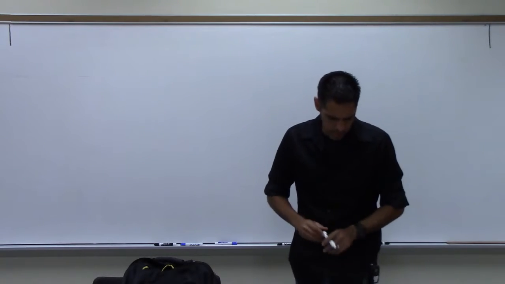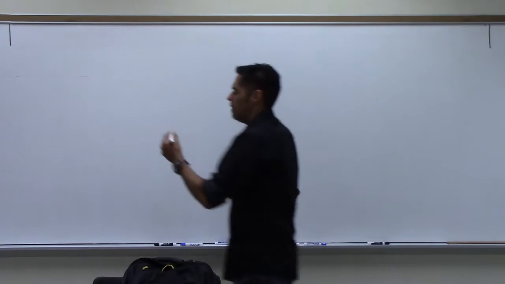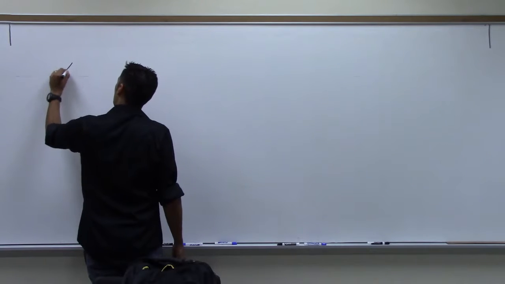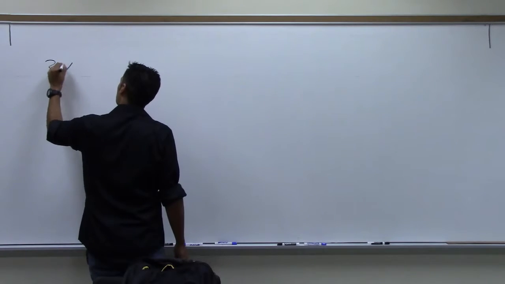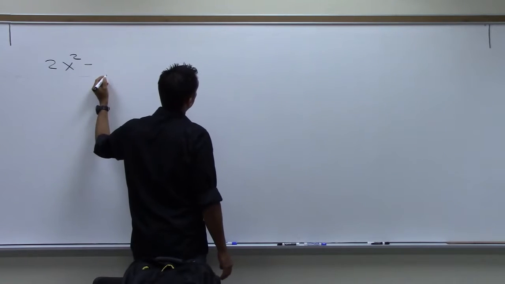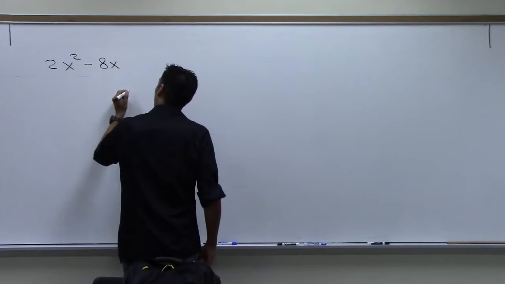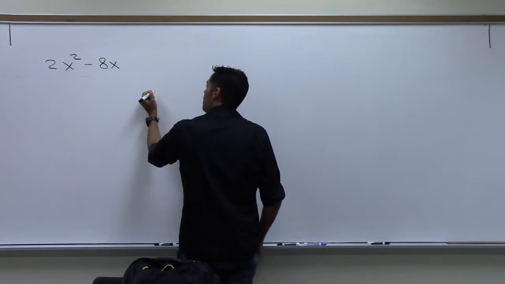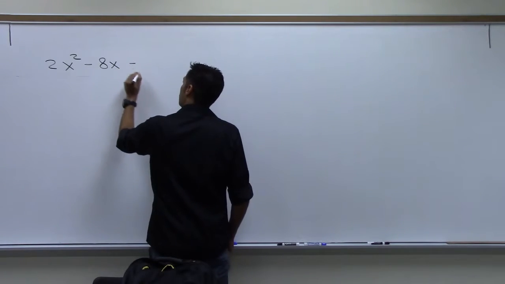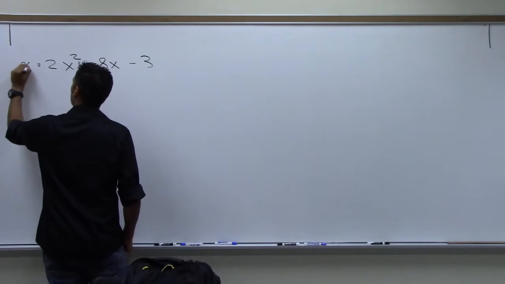All right, so let's start with, I think I'll make one up. 2x squared minus 8x minus 3. Oh, sorry, I forgot to put f of x here in front.